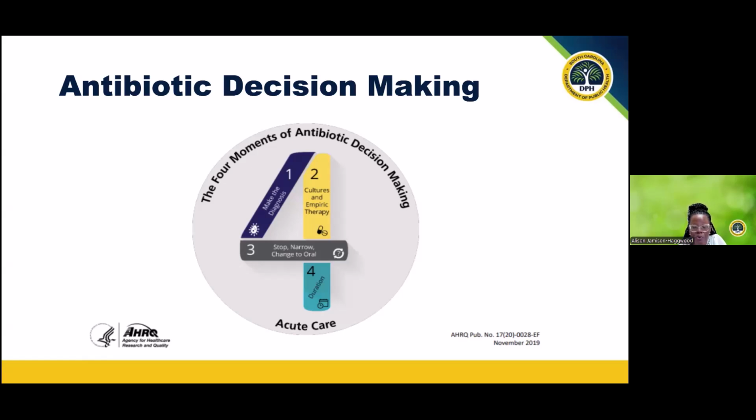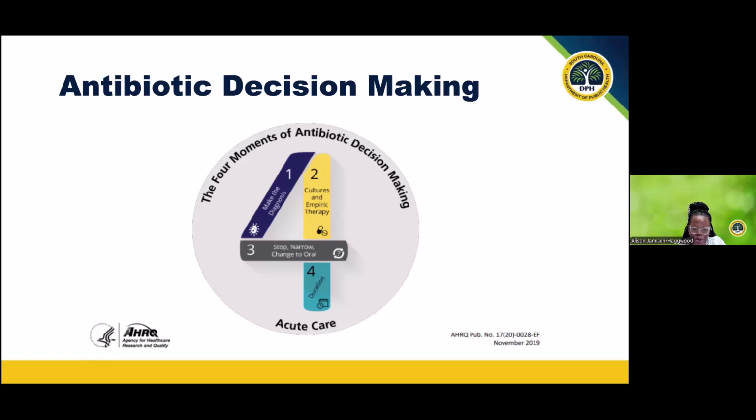Moment 2 occurs when the decision is made to start antibiotics. And they need to think, have I ordered appropriate cultures before starting antibiotics? And what empiric therapy should I initiate? Moment 3 occurs every day of the antibiotic therapy. So can I stop the antibiotics?